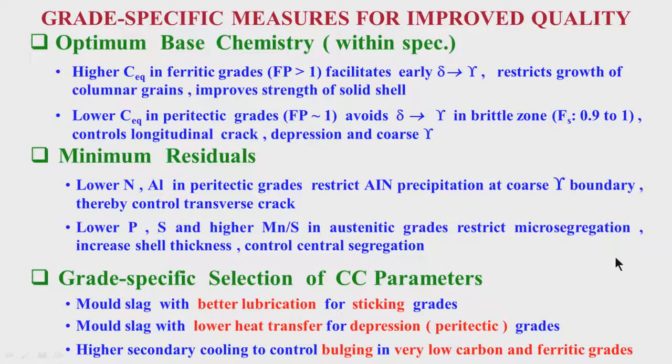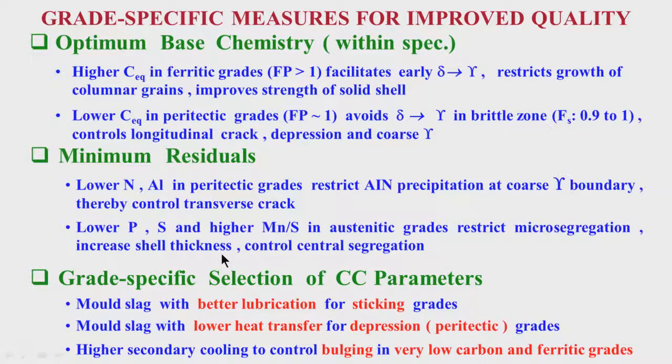What are these grades? In normal carbon steel or low alloy steels, these grades have carbon content of, say, around 0.25, 0.3, 0.4, 0.5. The more the carbon, the more the austenitic solidification, and the more problems of microsegregation. So, we must have low phosphorus, low sulfur and a higher manganese by sulfur ratio, because the shell thickness is an issue here.